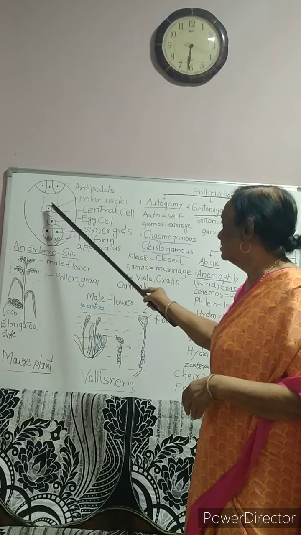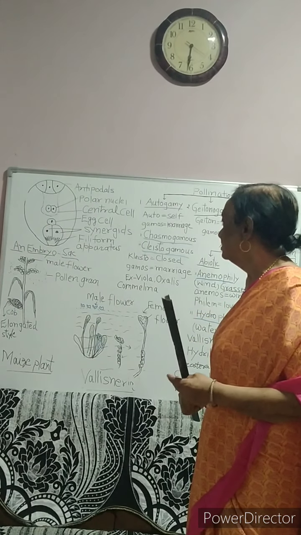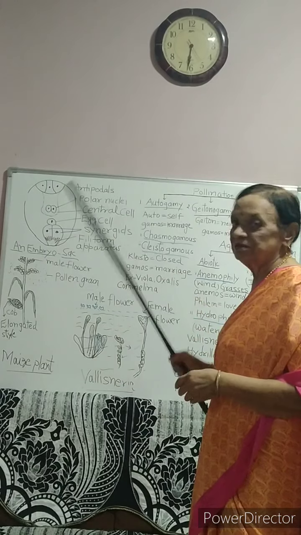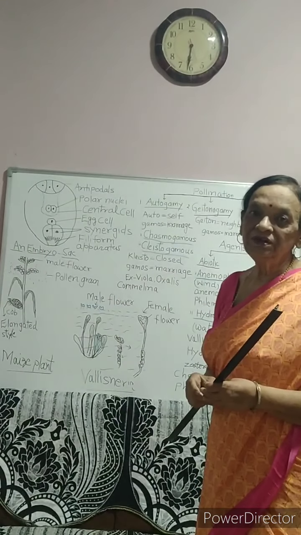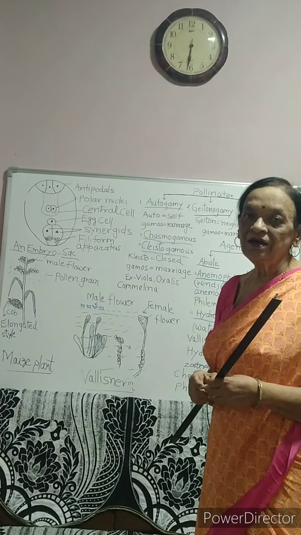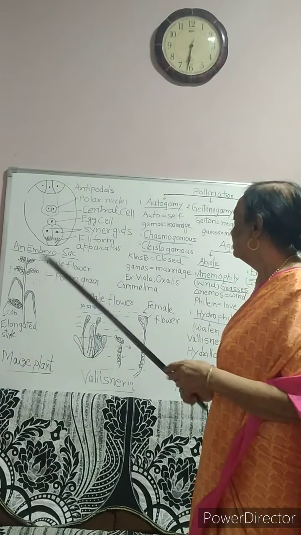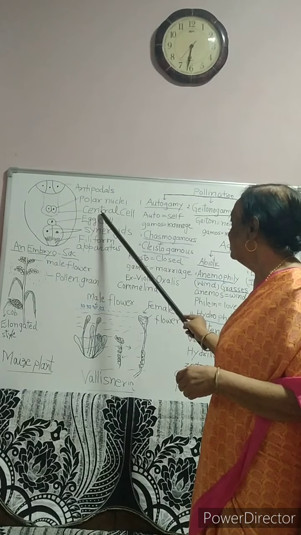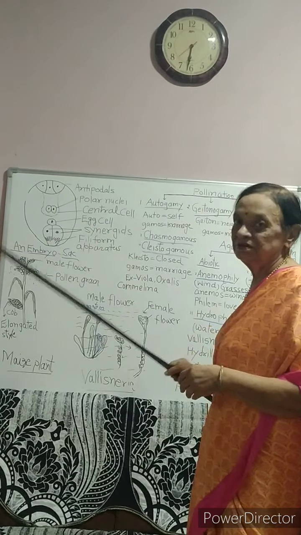The two nuclei in the center are called polar nuclei. These polar nuclei lie in the central cell.